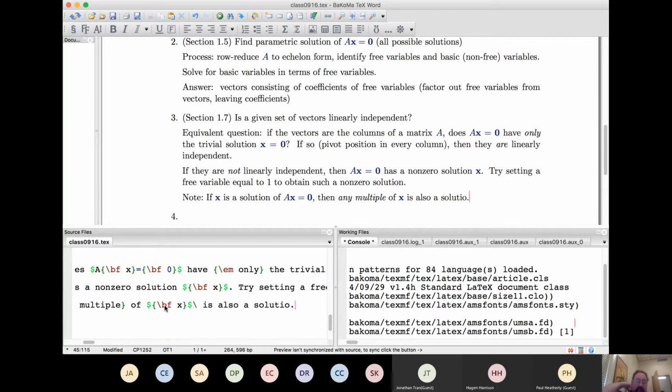That's important to keep in mind when you have Ax equals 0 specifically, because if Ax equals 0 and I multiply x by something, then I'm just going to end up multiplying this vector by that same something. I'll scale both sides, and I'll still have 0 over here. That is not true for Ax equals b, for whatever b might be, but you can always scale solutions of Ax equals 0 and still have solutions.